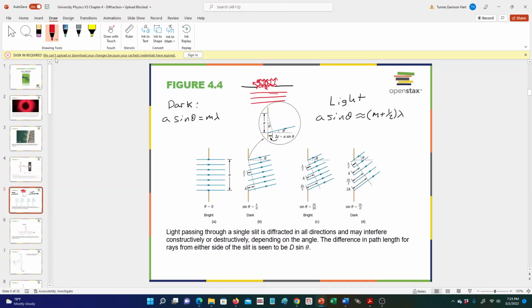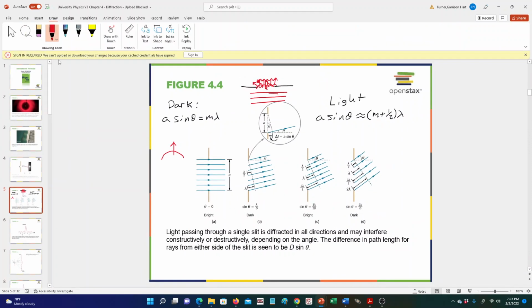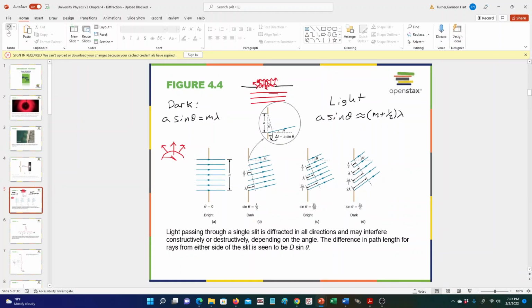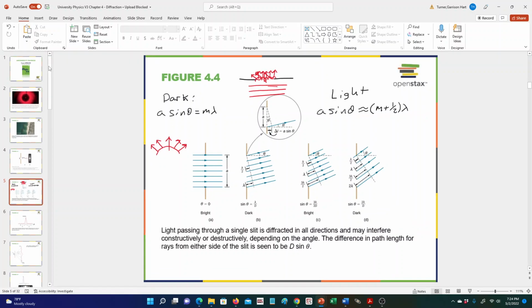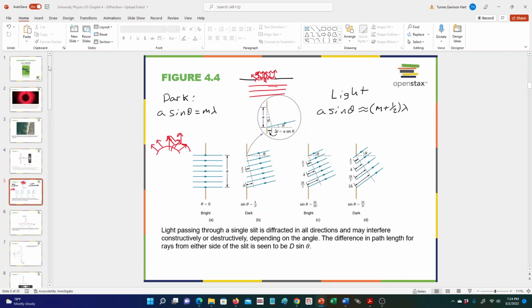But in any case, when you have a wavefront, you have waves coming out perpendicular to the wave, and when you have successive wavefronts, you'll have another one that has individual waves pointing like this.